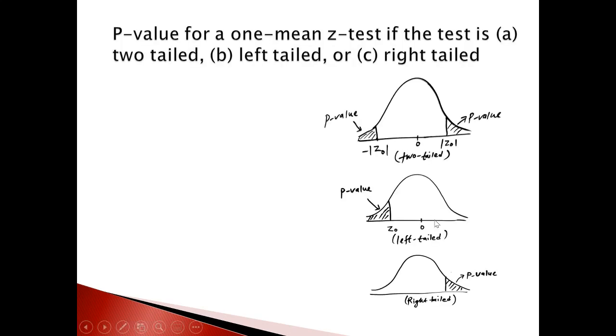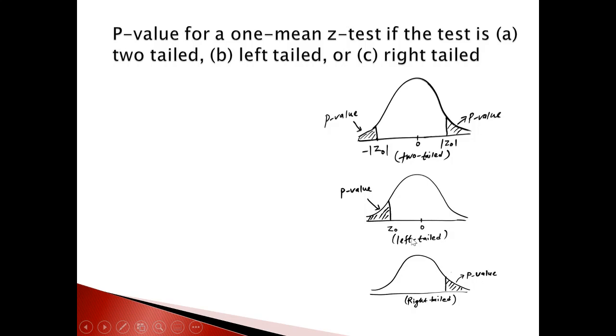Now, the way the actual problem works is this way. For example, if you are talking about a two-tailed test, then you'll get two critical values, right? Let's say z naught and negative z naught. Now for the p-value, you need to find the area of this region and this region.